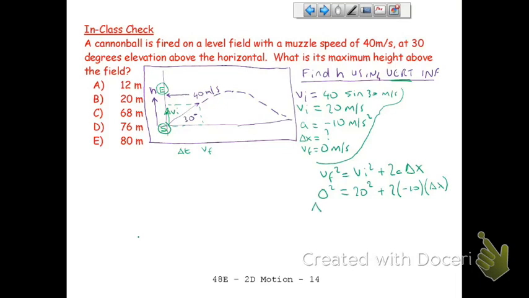So delta x is going to equal 20 squared over 20, which equals 20. Positive 20. And I can say from that, again, h is equal to 20 meters. That's really my answer.